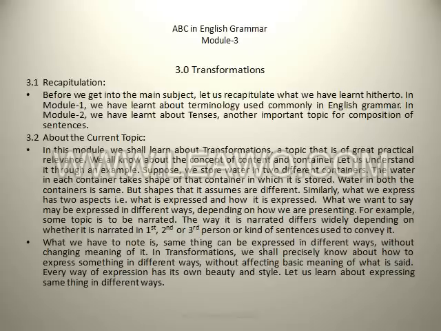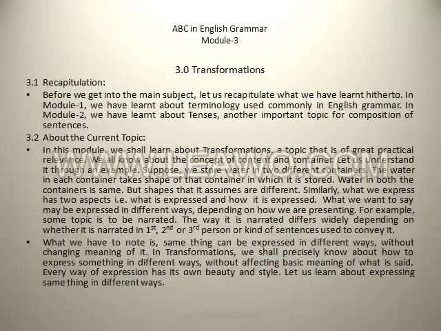Similarly, what we express has two aspects, that is, what is expressed and how it is expressed. What we want to say may be expressed in different ways depending on how we are presenting. For example, some topic is to be narrated.